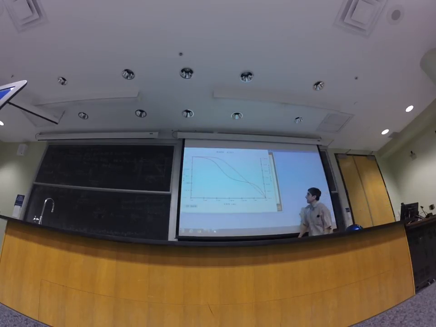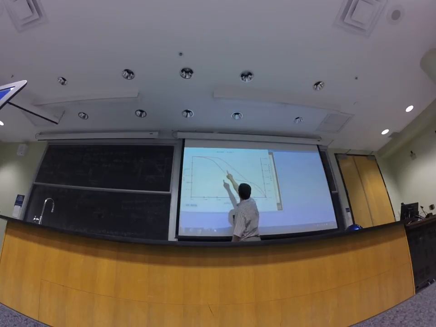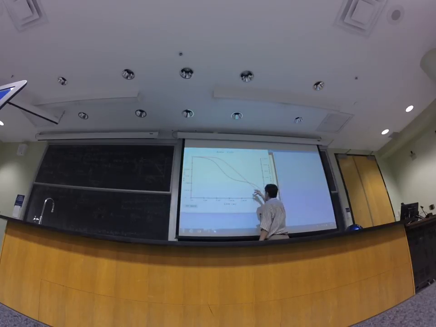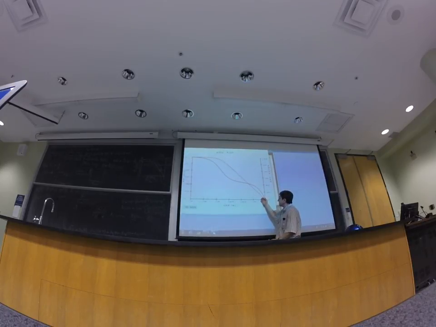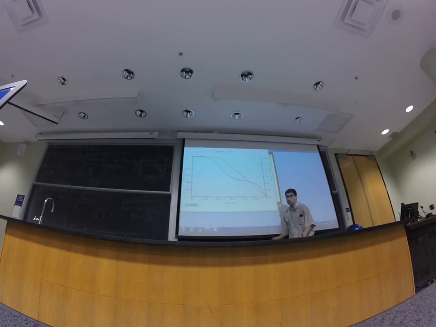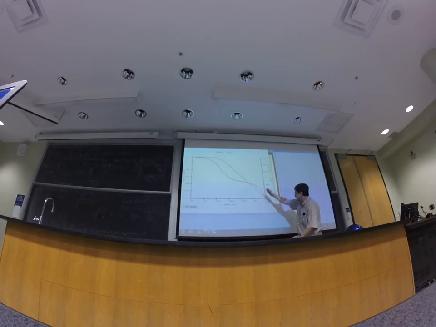The delay adds going exponentially to minus infinity. At small frequencies the delay contribution is practically 0, so pretty much it does what it would have done without the delay. But as omega gets bigger and bigger, the delay becomes more important, and as omega goes to infinity, this will go on to minus infinity.